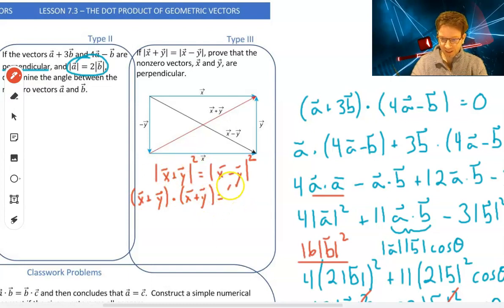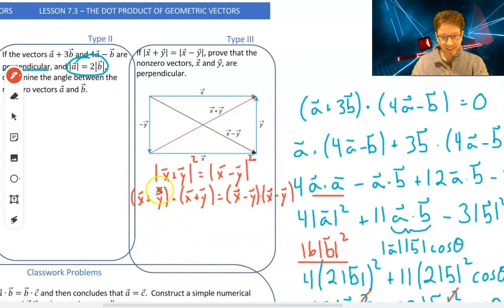And I'll do the same on the other side. x minus y dot x minus y. Okay, and then distributive property again.